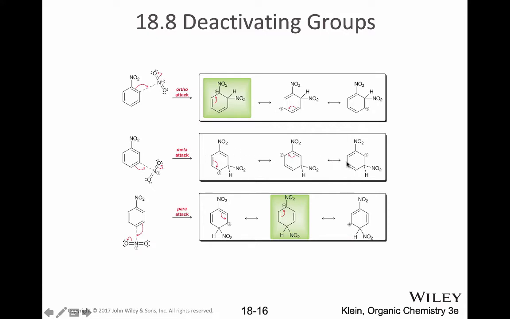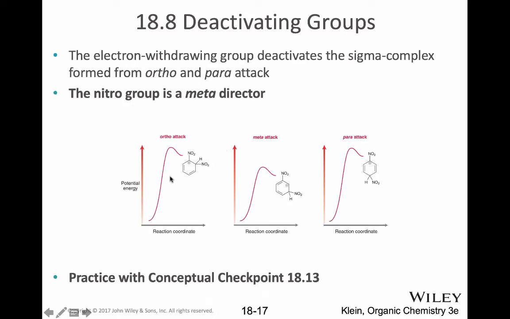So the meta intermediate is more stable because the positive charge stays the furthest away in every resonance structure. This is depicted visually in the reaction coordinate diagram. The meta intermediate is more stable than the para and the ortho, making the route to get to it faster.